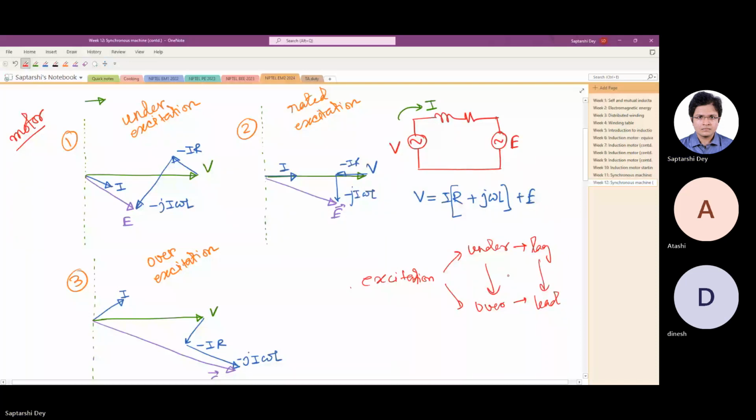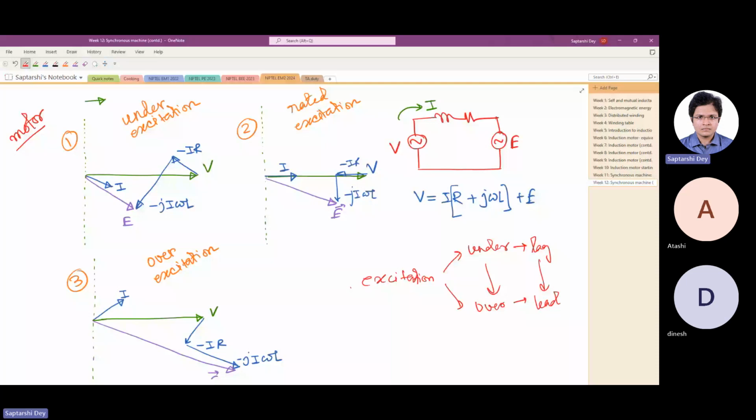So this is a very interesting characteristic of synchronous motor, that you can operate the machine at the power factor you wish, as long as you are under the rated conditions from all sides, because the excitation is nothing but a DC winding, and it also has a maximum current capability, so you cannot keep on over exciting.